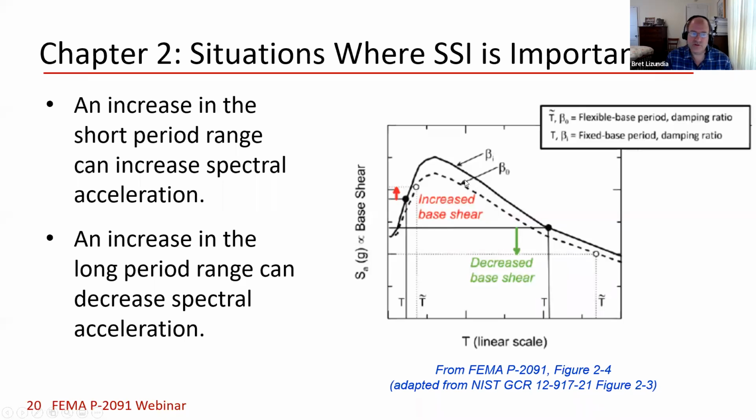So when you start to look into SSI, you often will be able to take advantage of soil damping, and that can be added to the viscous damping of the building, and that can lower the overall response spectrum as well. But you can see that that's still not necessarily going to change the fact that there are times when you can go up and there's times when you can go down. But in either case, it matters, right? I mean, there is a change, and it's an important change.